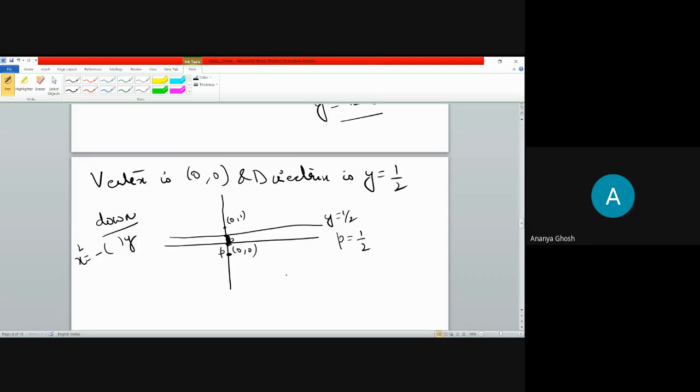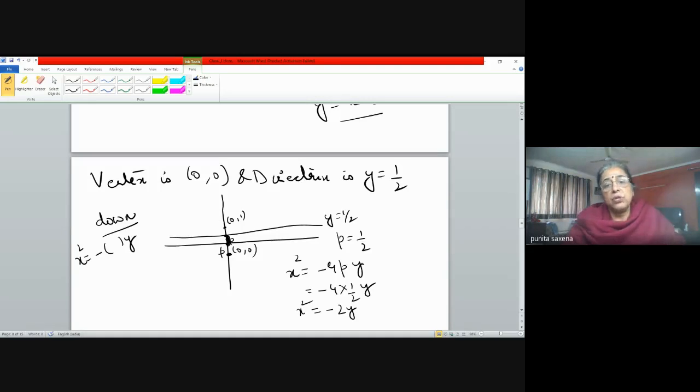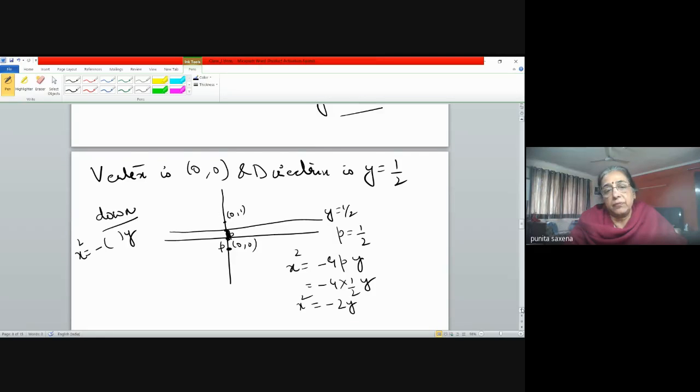So that means your parabola is going to be x square minus 4py, where P is half. So that means it's going to be x square equal to minus 2y. So this parabola is going to have vertex as 0 0 and directrix as y equal to half. Is this okay?